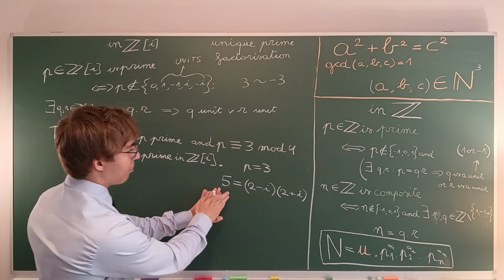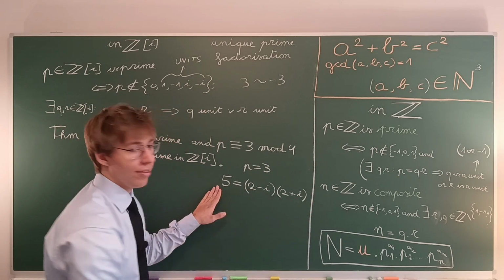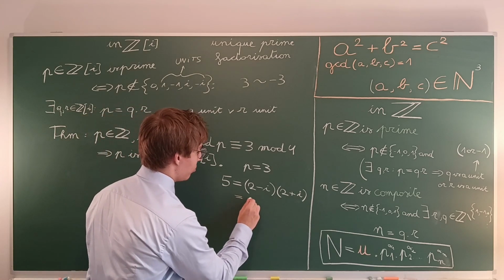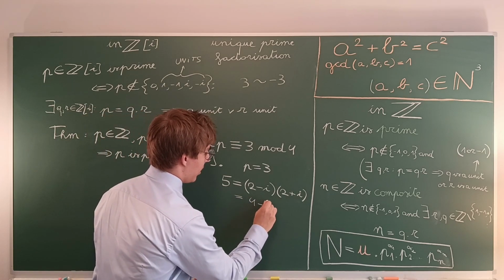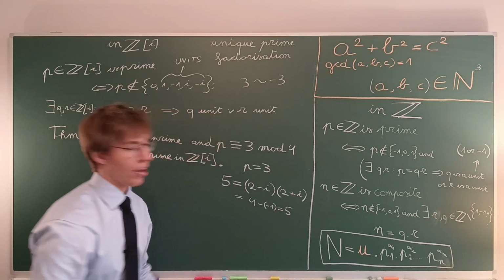So 5 is a prime in the integers, but it is composite in the Gaussian integers, since it factors. This is equal to 4 minus i squared, which is 4 plus 1, which is 5 indeed.